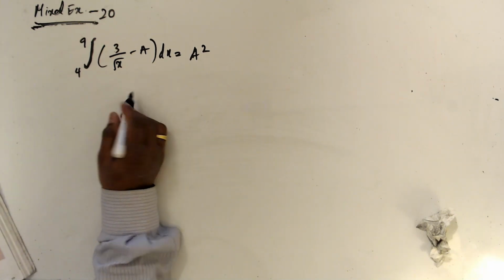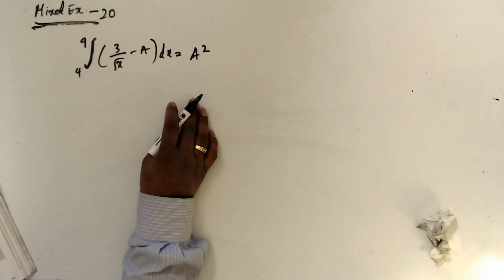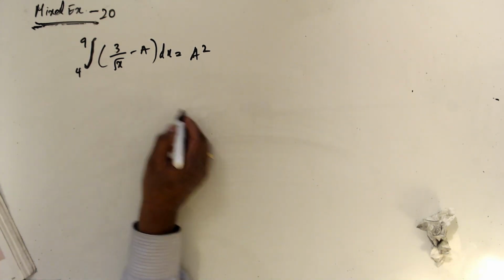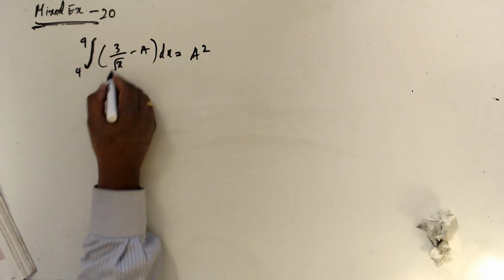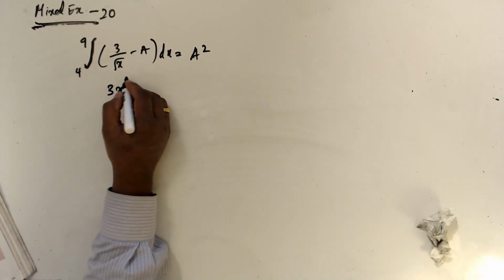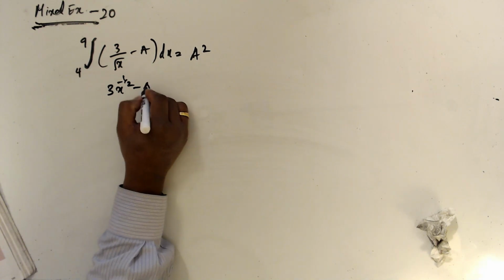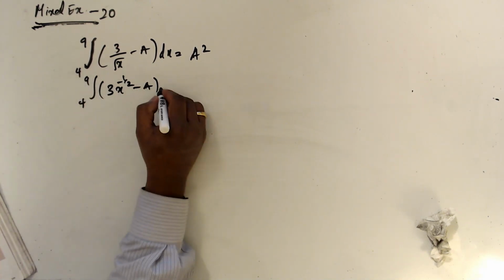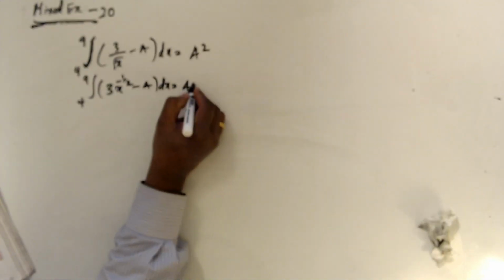Question number 20. This is an equation. We need to simply solve this one. The integral of 3x to the power minus half minus a, from 4 to 9 dx, equals a square.